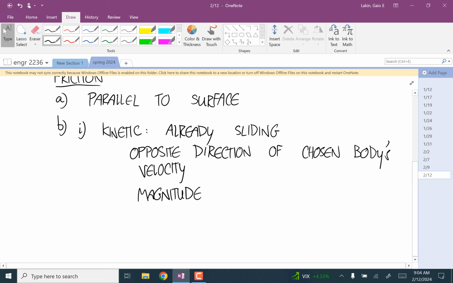The magnitude is the coefficient of friction times the pushing force applied by the contacting body, okay? So this is the pushing force applied by the contacting body.